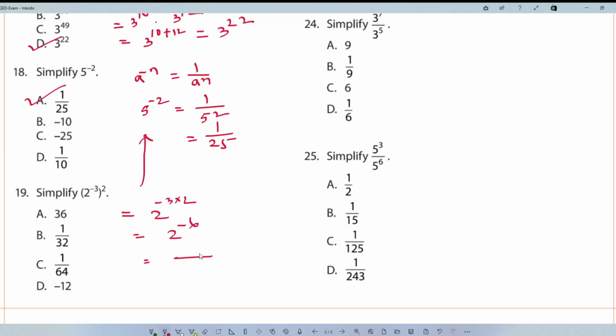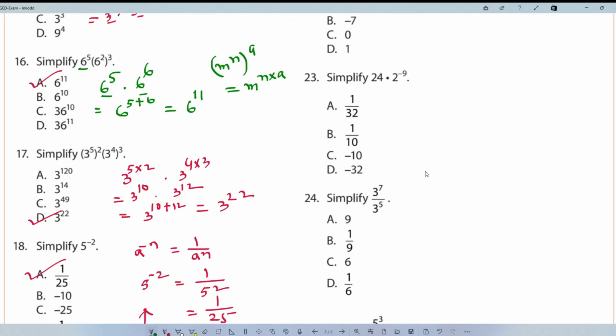So we can write 1 by 2 to the power 6. 2 to the power 6 means 1 by what? 64, because 2 into 2 into 2 into 2 into 2 into 2, and 2, 4, 8, 16, 32, and 32 times 2 means 64. So our answer is 1 by 64, number C.